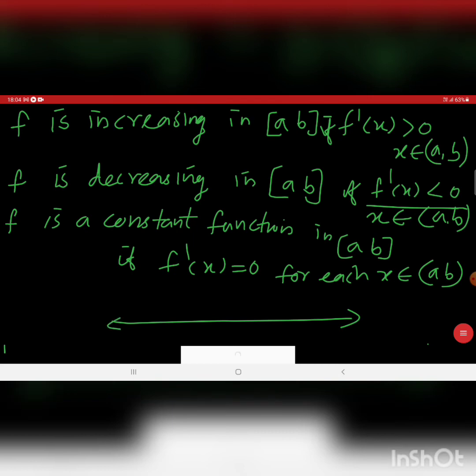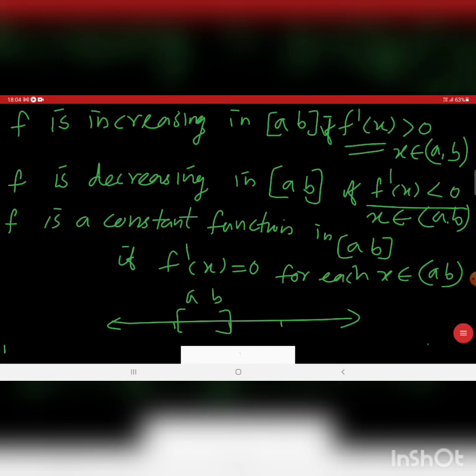See that f of x is defined in a given domain, and if you consider an interval in that domain, let it be the interval AB, the function is increasing in that interval if f dash x greater than 0.